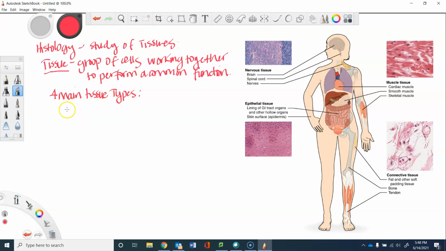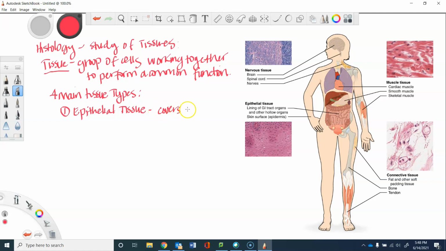So the first type is called epithelial tissue. Epithelial tissue is a tissue that basically covers things and lines spaces.